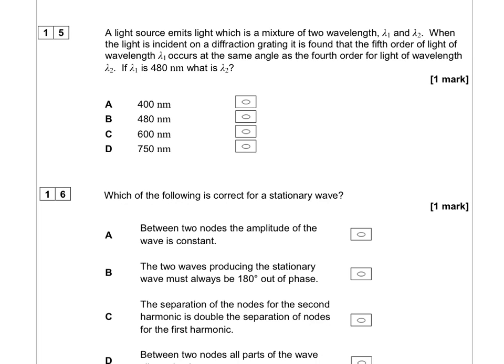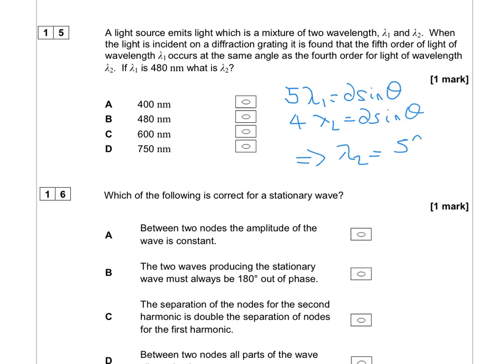So essentially what we've got is 2 equations. So we've got 5 lambda 1 equals d sine theta. And we also have 4 lambda 2 is also equal to d sine theta. So what we can say is that lambda 2 is going to be 5 lambda 1 over 4.